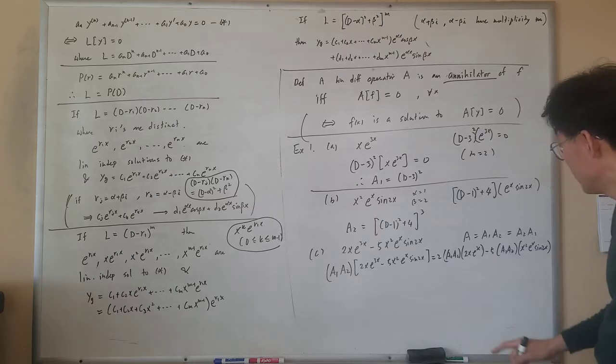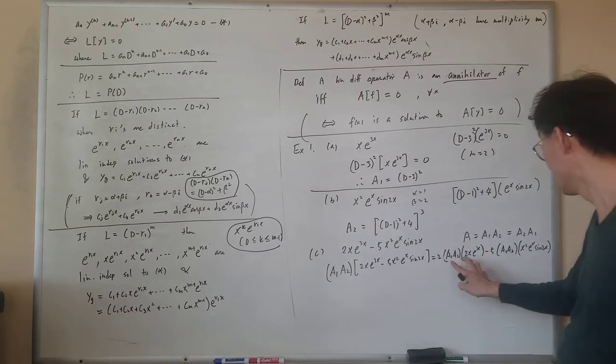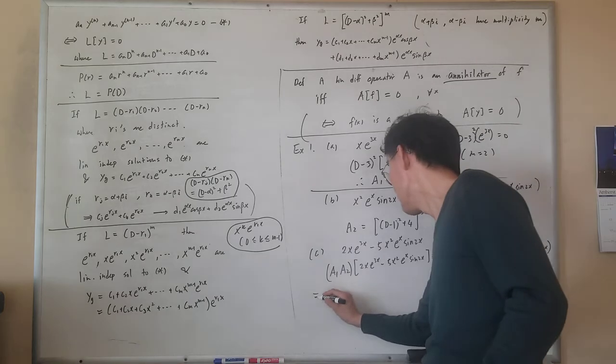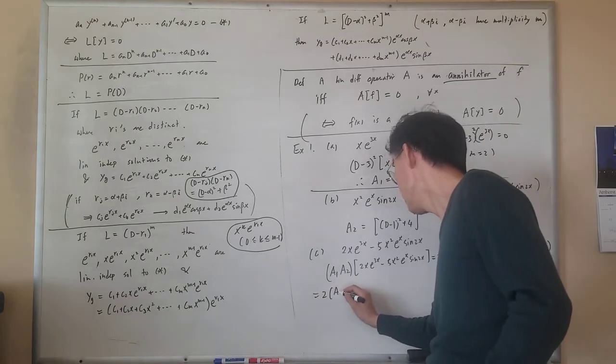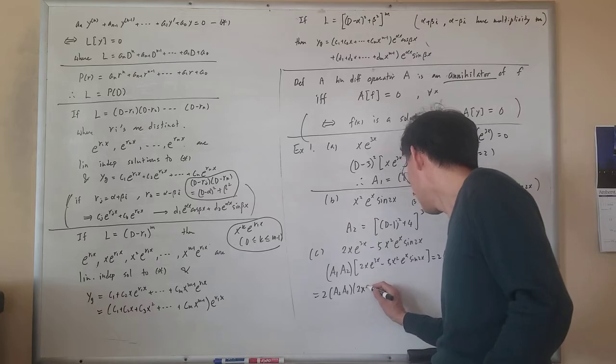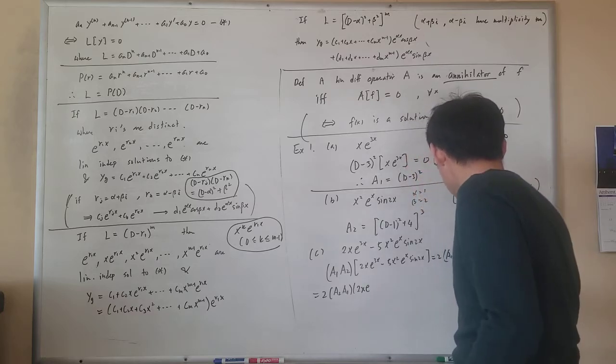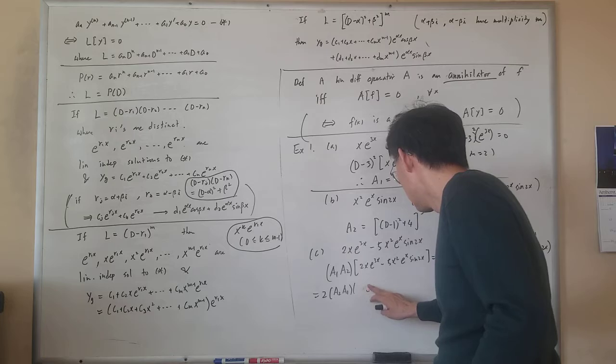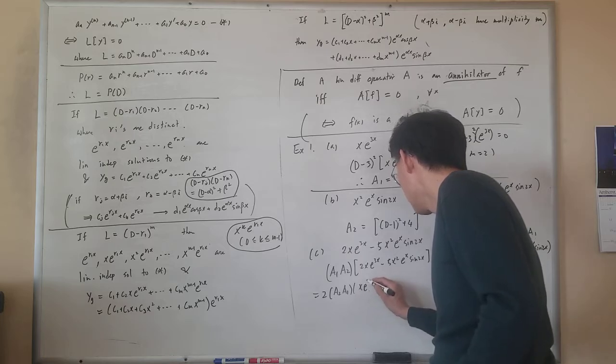Now, a2 kills this one, but using the commutative law, I'm going to write it as a2a1 of 2x e to the, no, 2 is taken out, x e to the 3x.